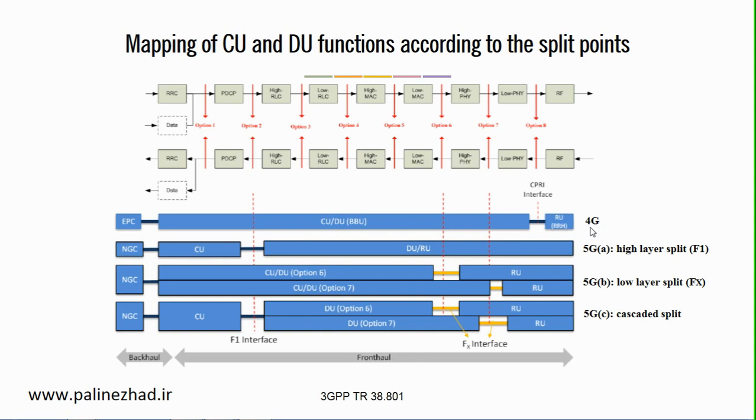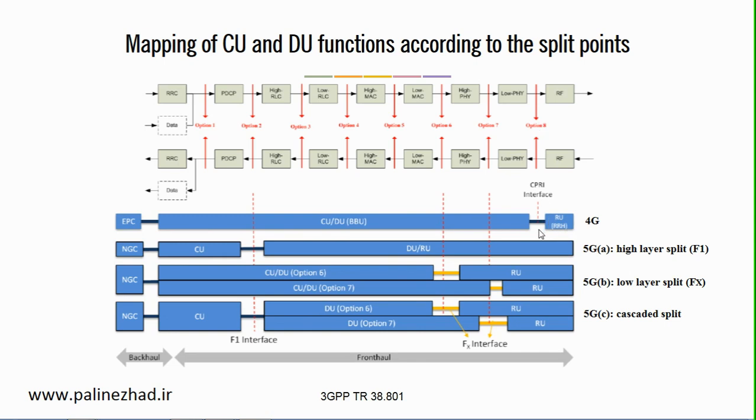Based on the previous page and the image for the 4G leg, we can have the fronthaul interface, CPRI interface, between the BBU and RRU or RRH, and the BBU contains most of the protocol stack and the RRU just has the RF part.